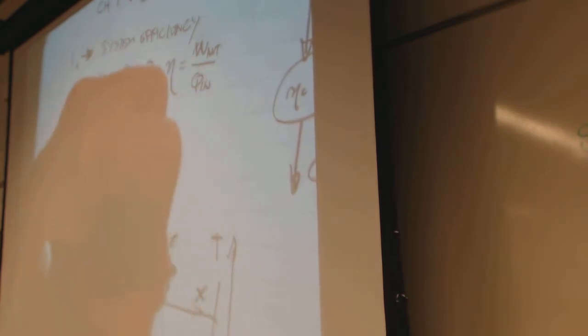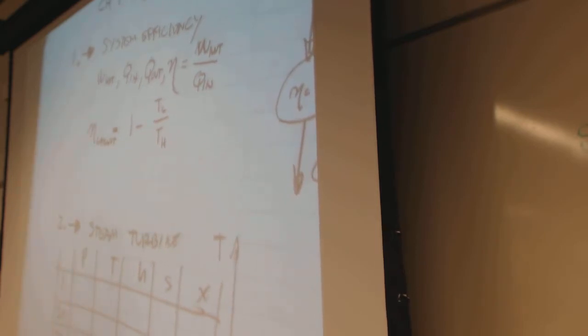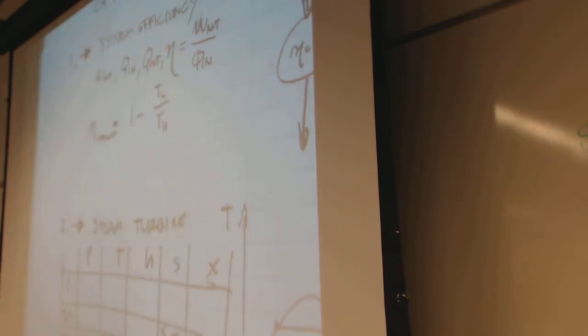You have three states you have to deal with: 1, 2s, 2a, and properties p, T, h, s, and maybe an x. There'll be a table to fill out, sort of like that. S2s equals S1. And that means work from 1 to 2s, how much work is done?